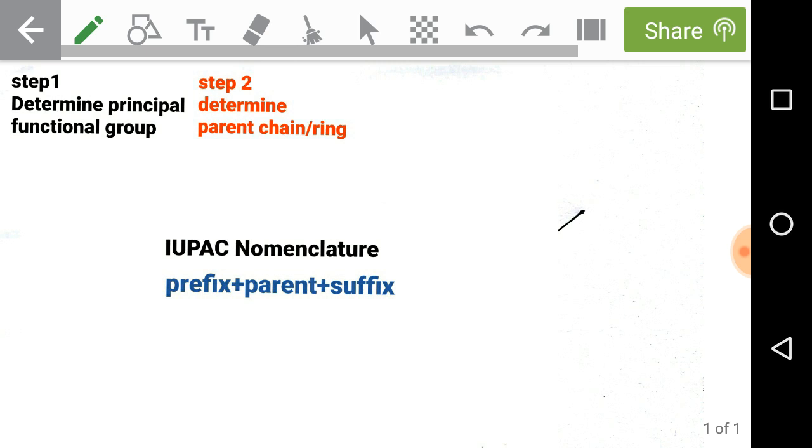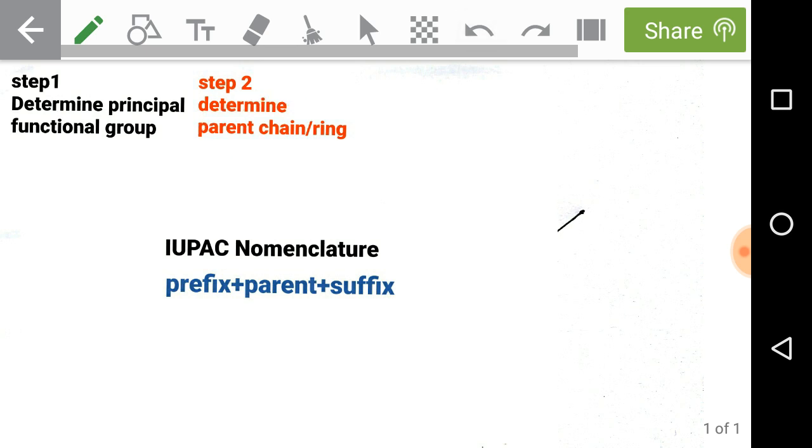We have some basics: for example, if we have only one carbon, we give meth as the parent name, 2 carbons eth, 3 prop, 4 but, and so on. Just check that out. We are not going into the detailed naming of the parent here. So the second step is simply to look for the parent or ring.